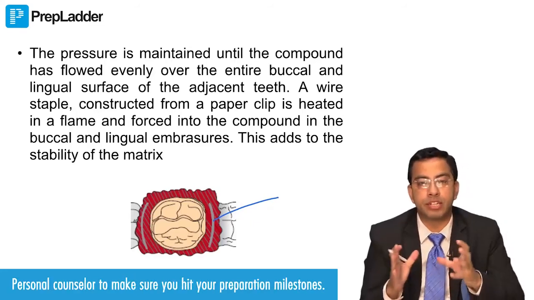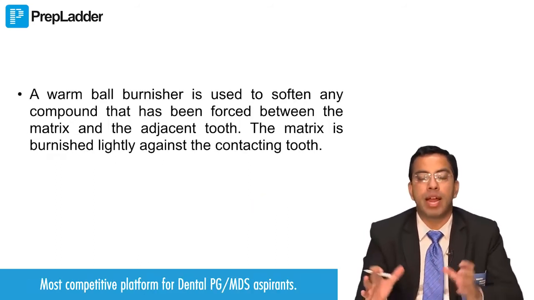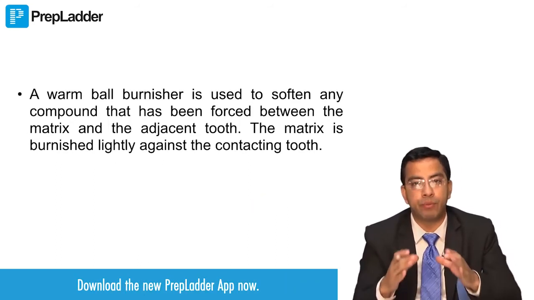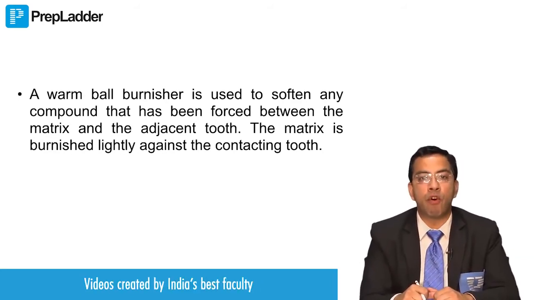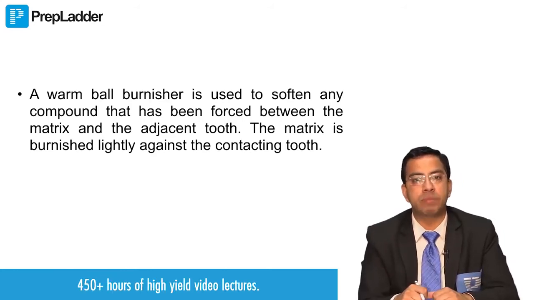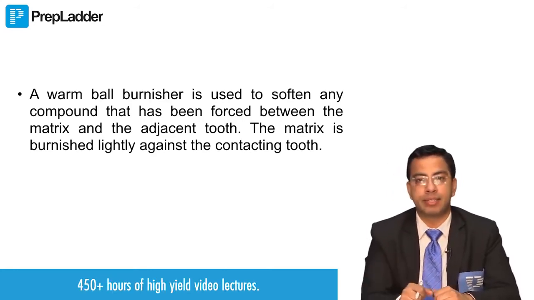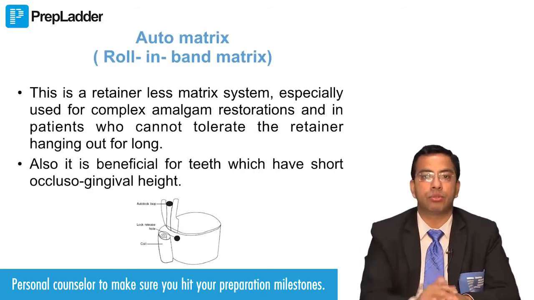What they do is ensure the stabilization of the impression compound, and the whole matrix system is held in one position. Next, you take a warm ball burnisher and use it to soften any compound that has been forced between the matrix and the adjacent tooth. The matrix is burnished lightly against the contacting tooth.